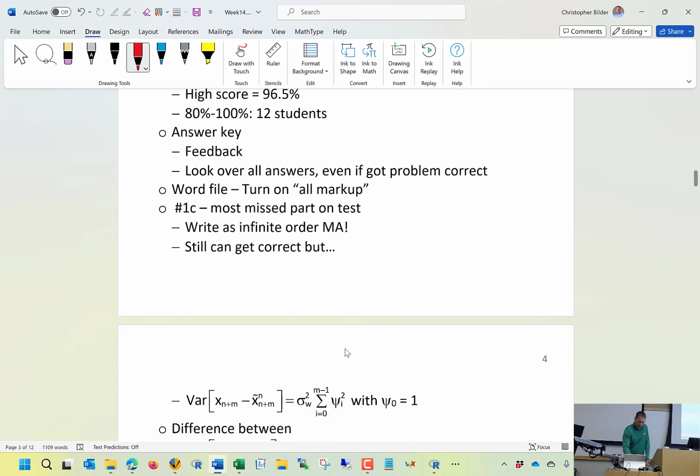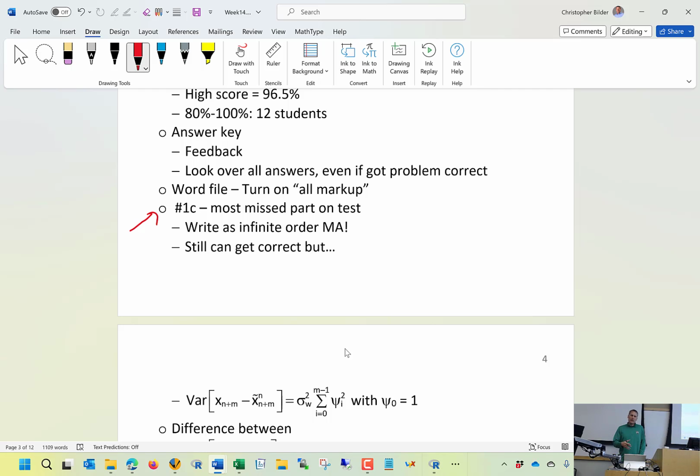Now, there are some problems I do want to talk about regarding this test. The most missed part of the test was number 1C. This is where you needed to find the variance of the forecast error.